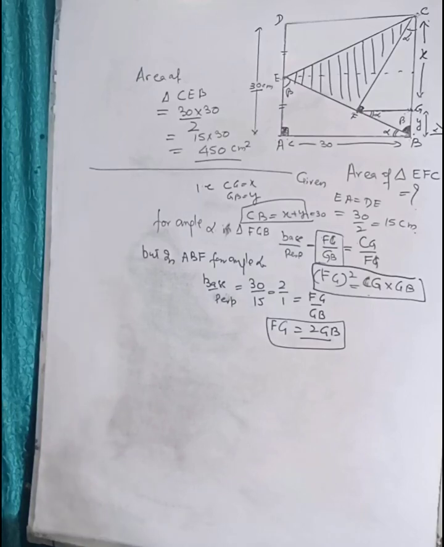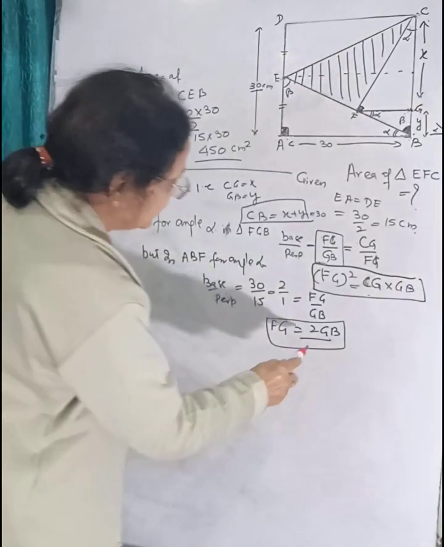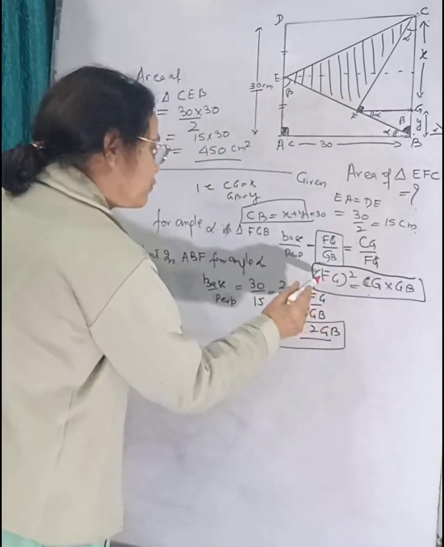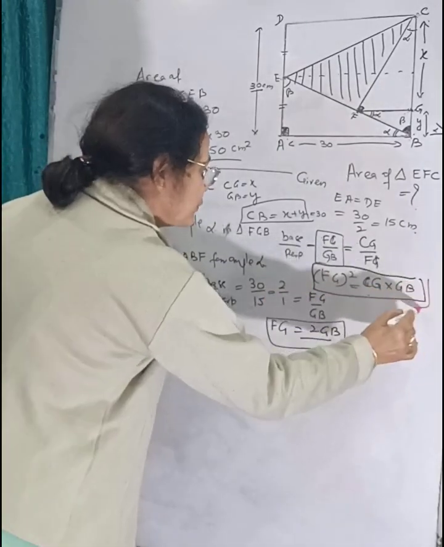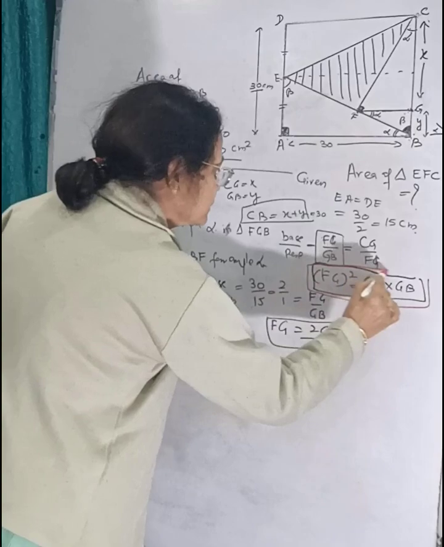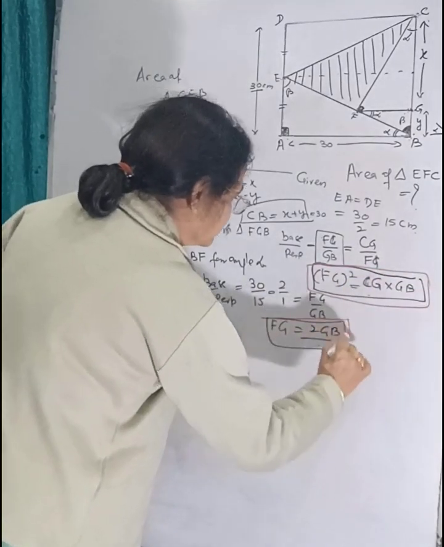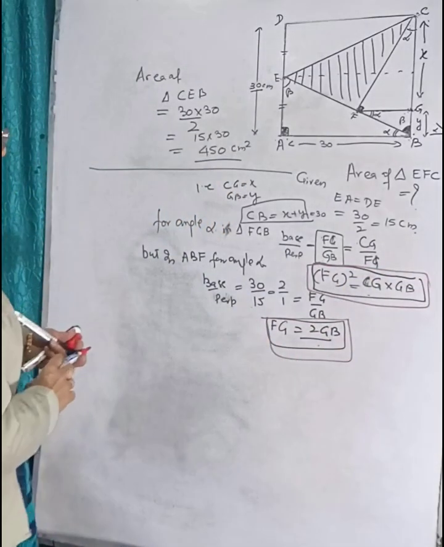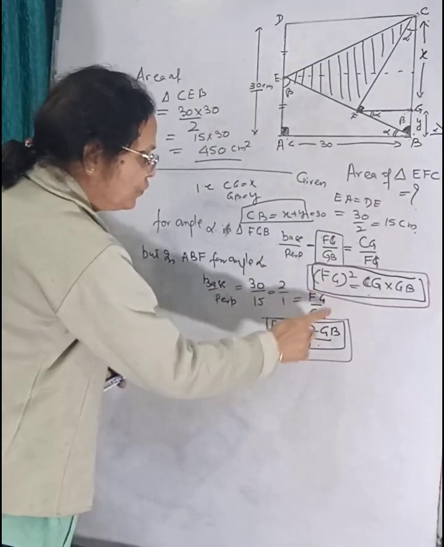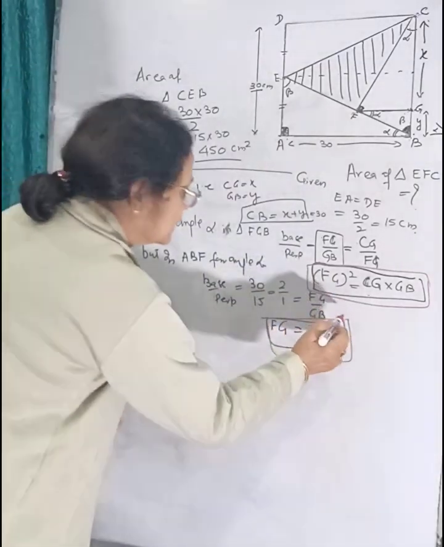Now two things are there. FG is equal to 2 times GB and FG square is equal to this portion and this portion. It means here we can write 4 times GB square.